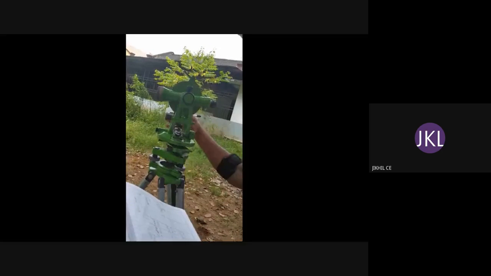So now we are changing the face of the instrument. We transit the instrument and rotate the instrument. So the face of the instrument is now a right face reading. Do the same process, because it is for the exactness of the reading.